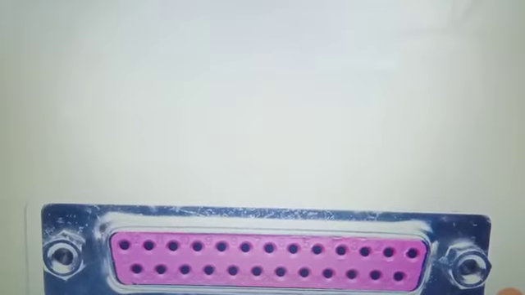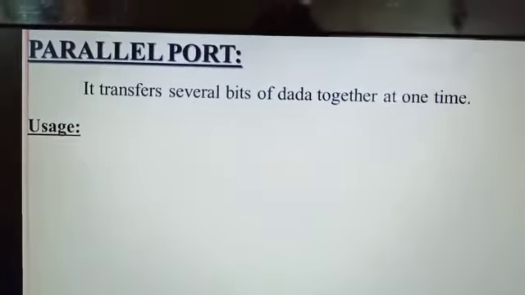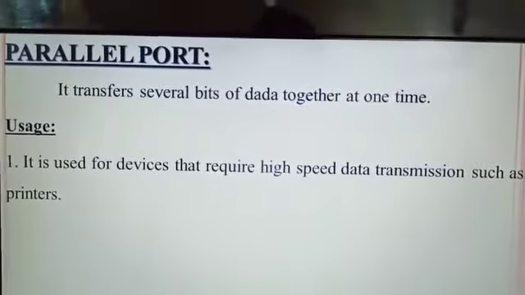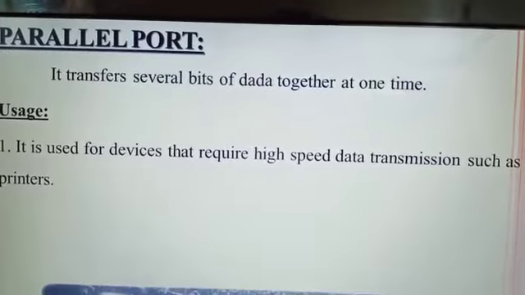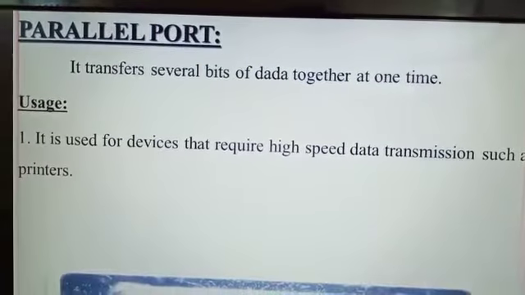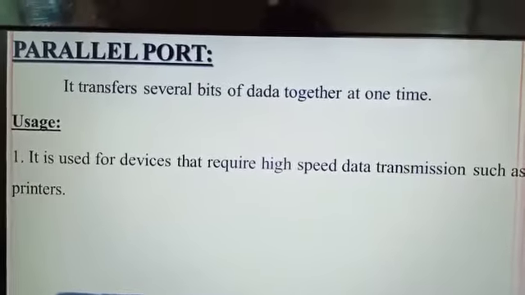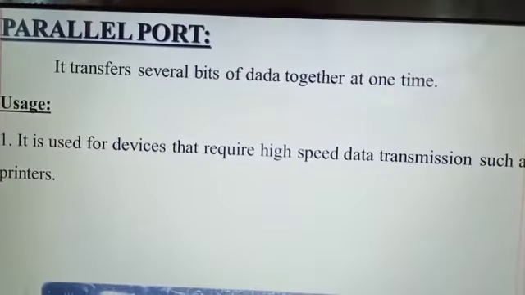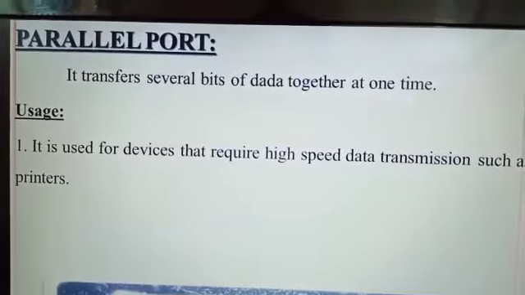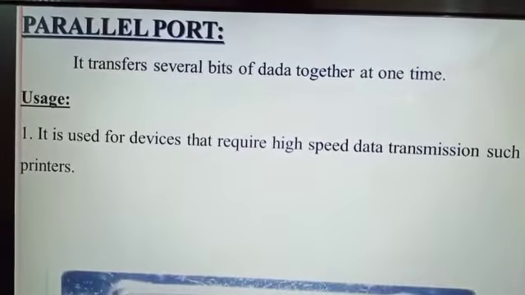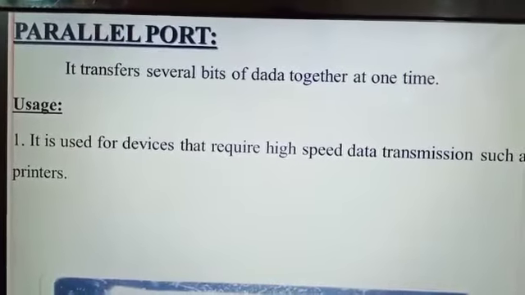Children, see the uses of the parallel port. It is used for devices that require high-speed data transmission, such as printers. When we need a higher data transmission speed, that time we go for a parallel port. For example, printers.